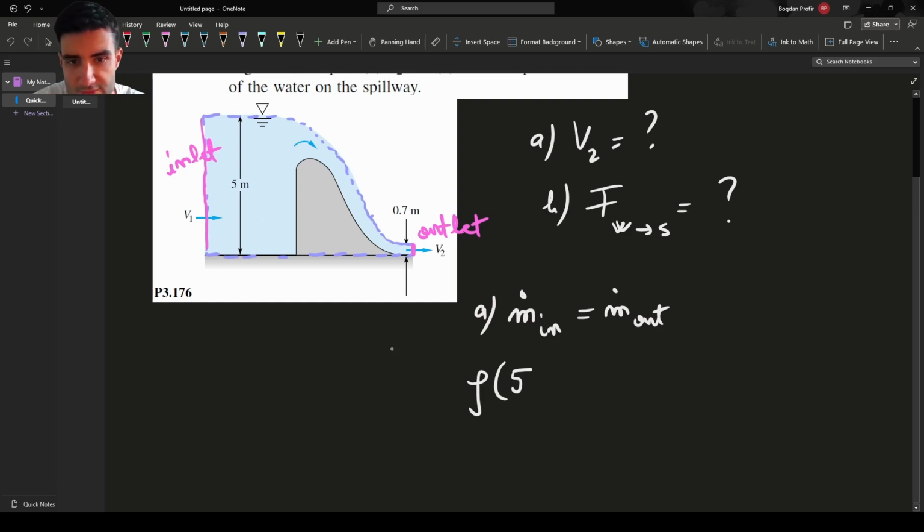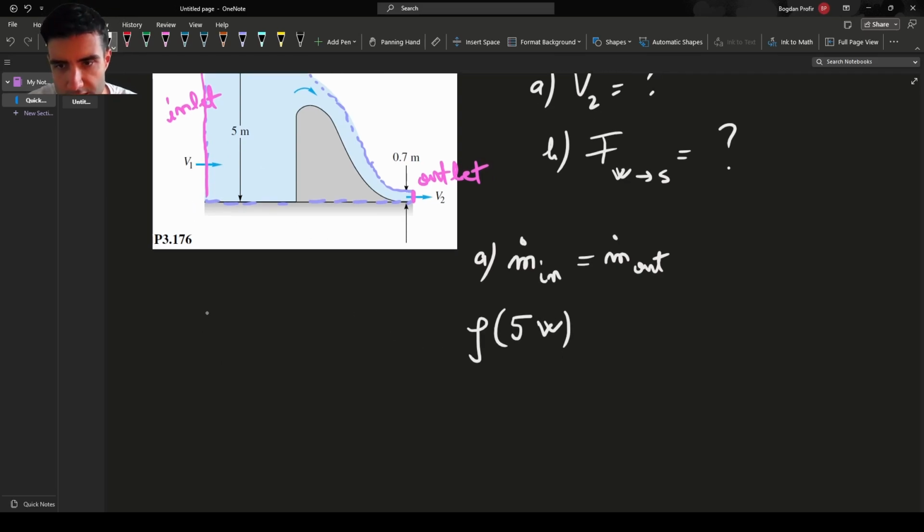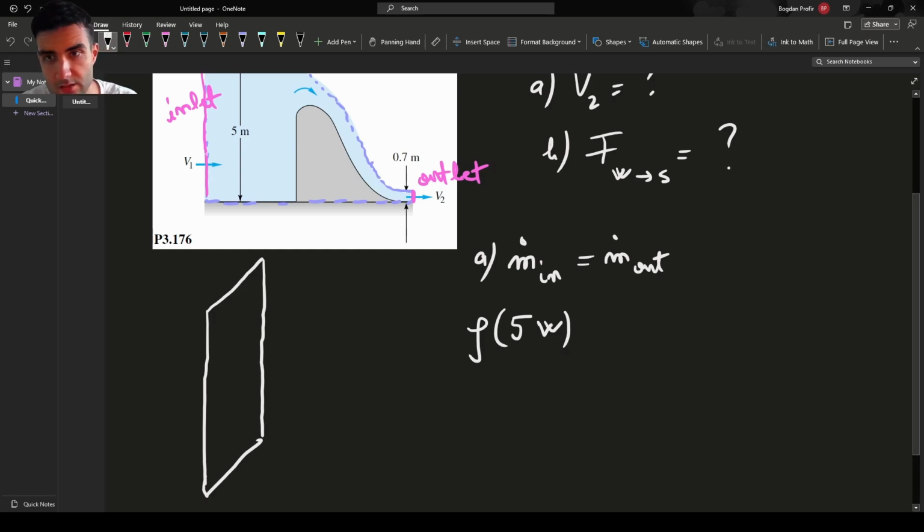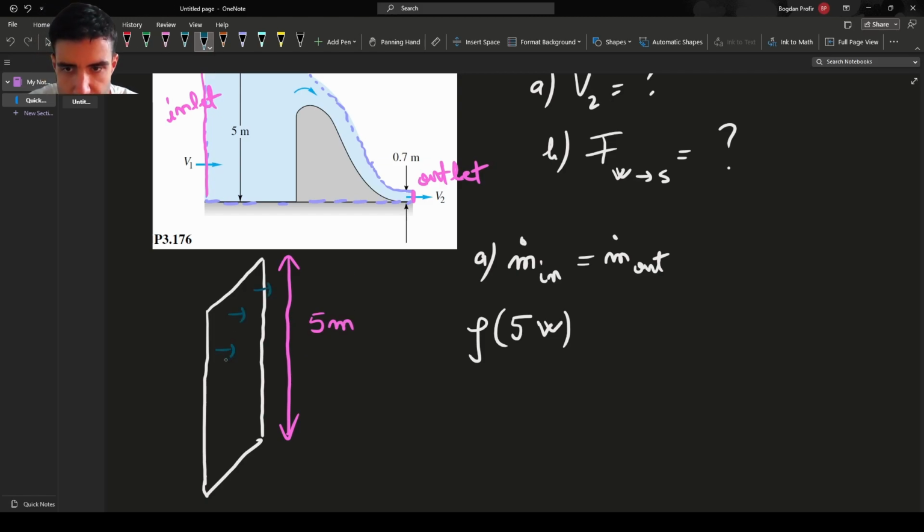So the area is 5 multiplied by the width, because you have a height of 5 meters like this, and an unknown width, right? And this forms a rectangle, with the velocity of the water going through this rectangle. That's what I would call the inlet area in this question.